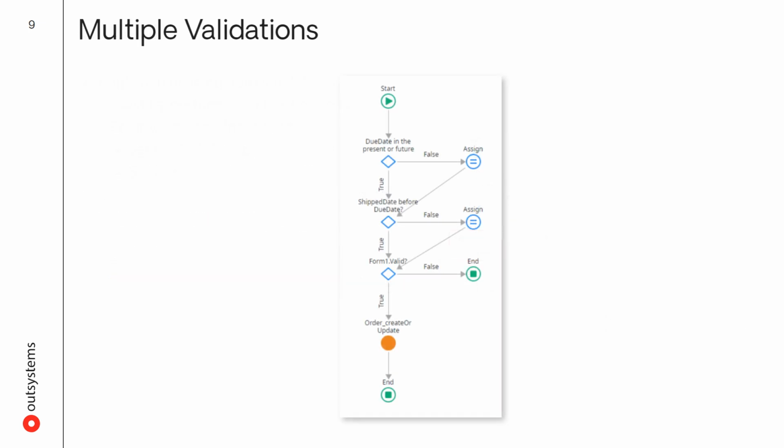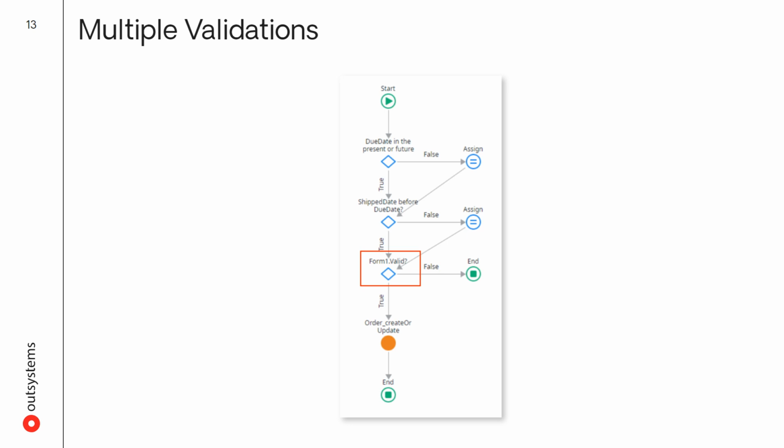Let's analyze a scenario with two custom validations. We can get to the form valid verification through multiple paths. We can follow a path where the first validation fails but the second one passes, or where the first validation passes while the second one fails, among other alternatives.